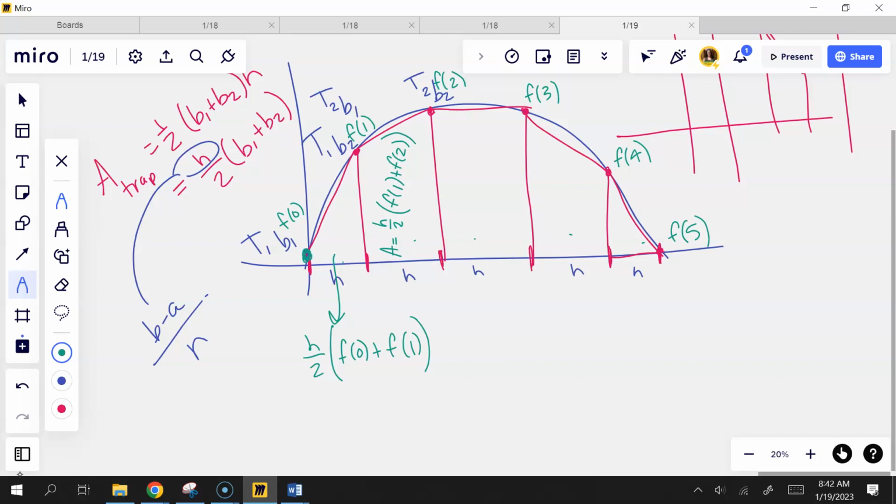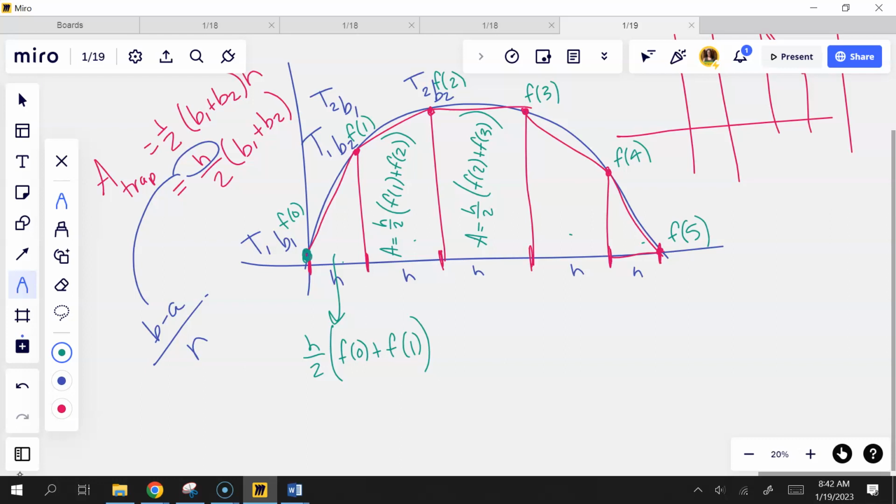Would you rather I just give you the formula? Well, I want you to see where it comes from. If I keep doing this, what I want you to see is that each of these trapezoids shares a side, so it's repeated as I go through.